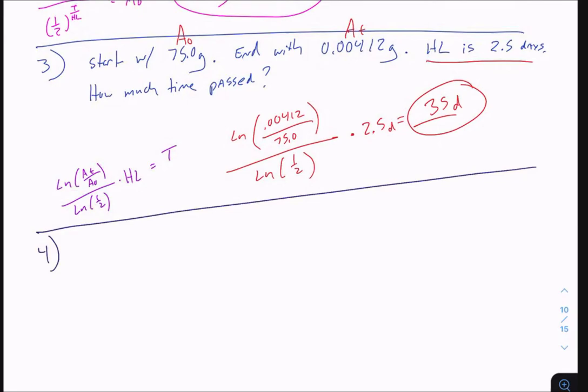Okay. So for this isotope, let's say that originally, we start with, we'll use percentages because percentages are used a lot. We start with 100% of a sample, and we end up with 0.621%.